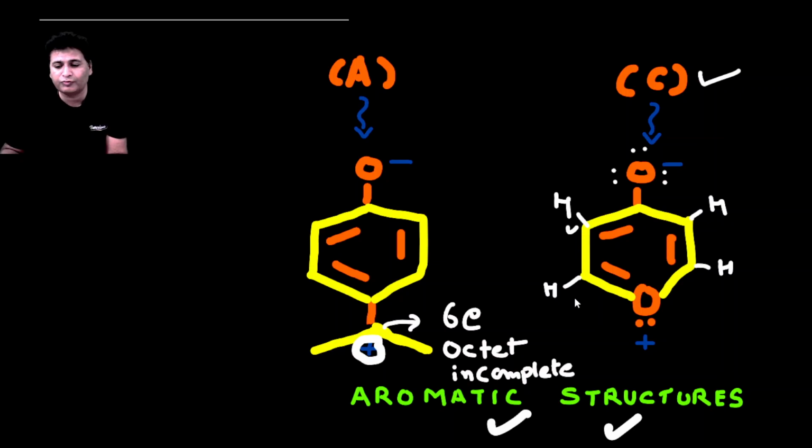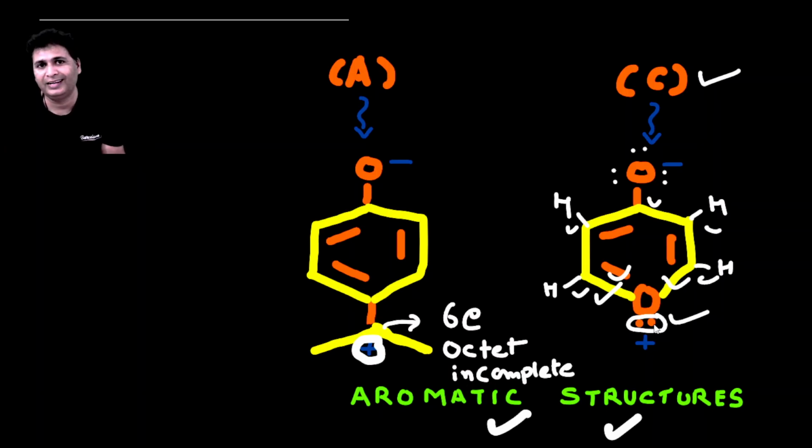So all these 5 carbons are having 8 electrons, and nonetheless this oxygen, although having the plus charge, is octet completed. If you count the number of electrons, 2 from the right, then from left 2 to 4 to 6, and the 1 lone pair, 6 plus 2, 8. It's an oxonium ion which is having the completed octet.